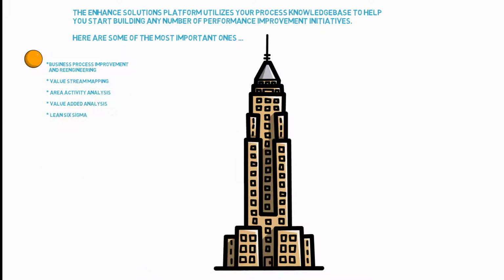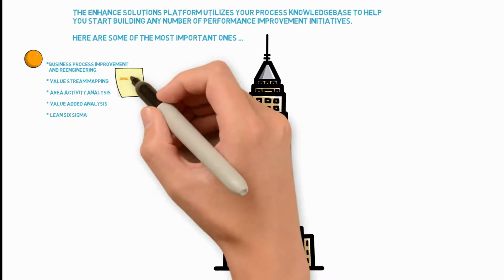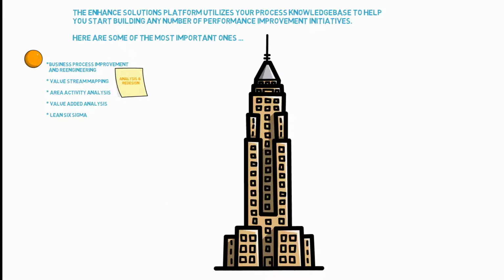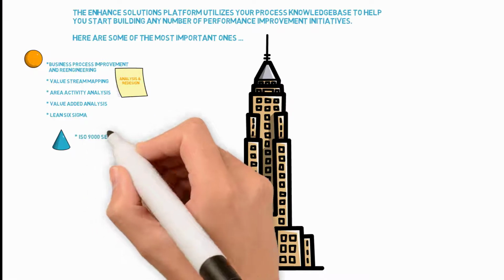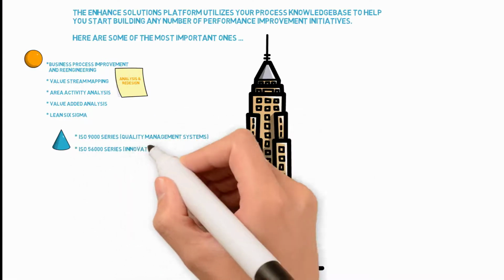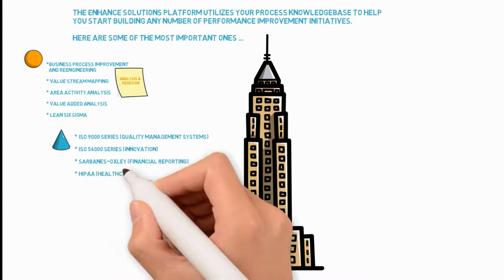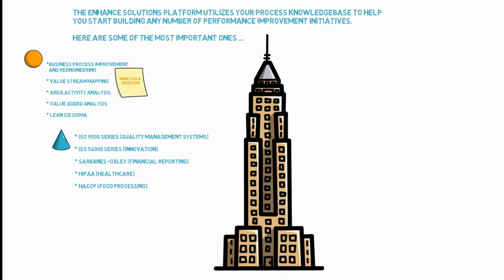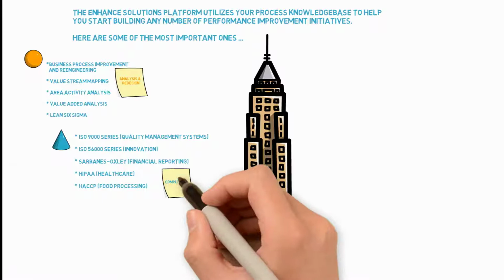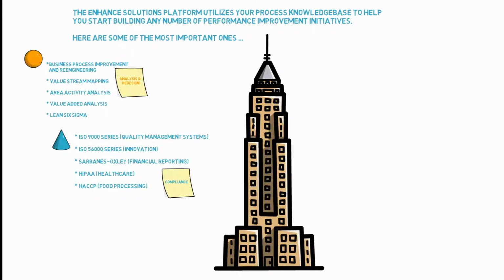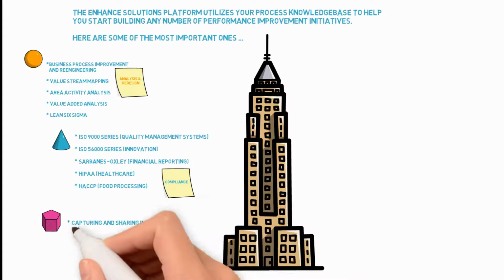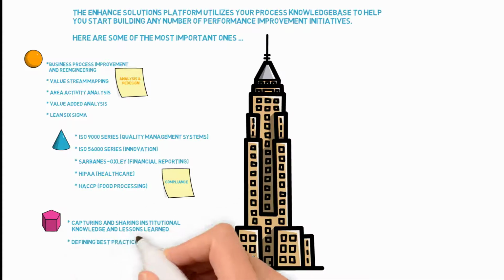The first category is analysis and redesign. The second category is compliance. Knowledge management within a process framework is the third category.